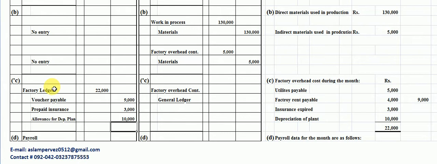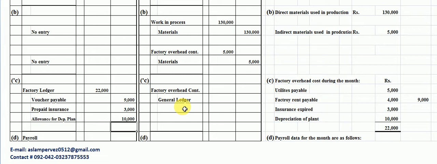Now students, in the book of factory, the entry is passed in this manner: all the expenses are charged to factory overhead control as a debit, and head office account as a credit, because all the expenses are dealt with by the head office.